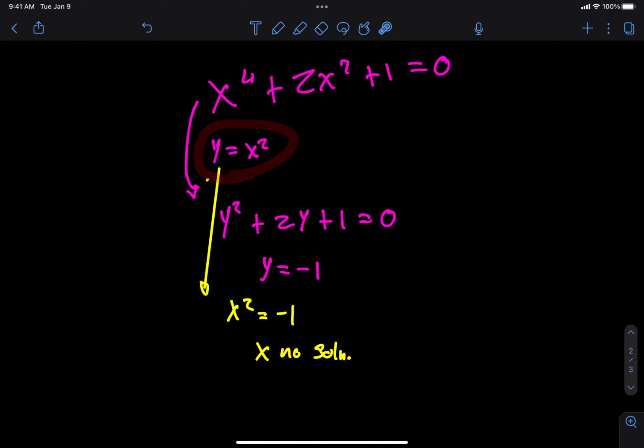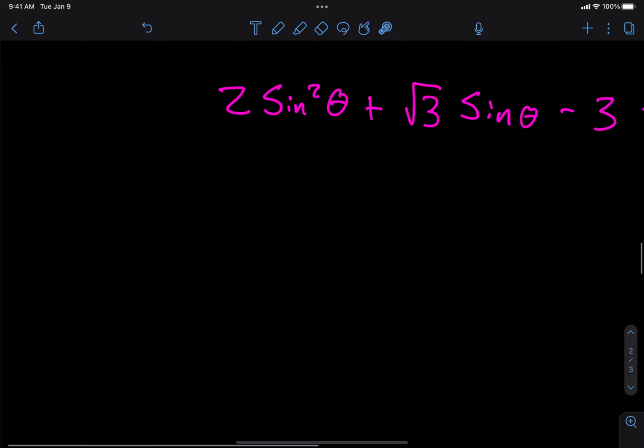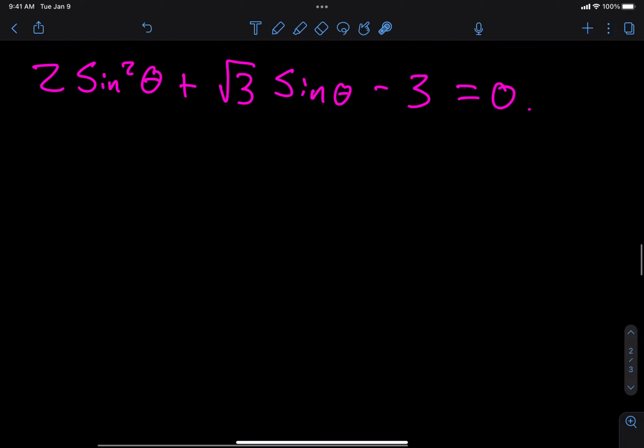In that case, the function being composed was x squared. For our example, the function which is being composed is just sine of theta. So if you say x or y or t or whatever is sine of theta, then how can I rewrite this equation in terms of x? What would it look like?